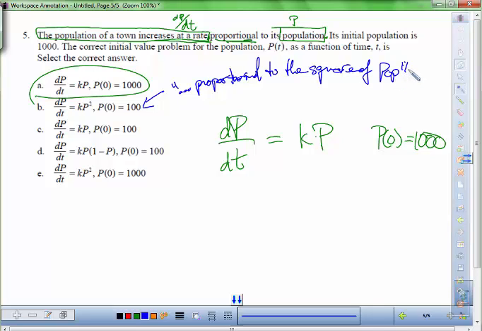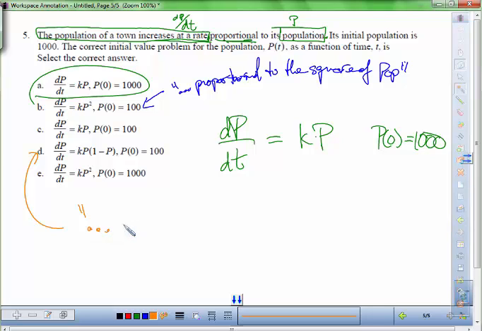So if it's proportional to the square of the population, you just take your population, you square it. How would this go in words?